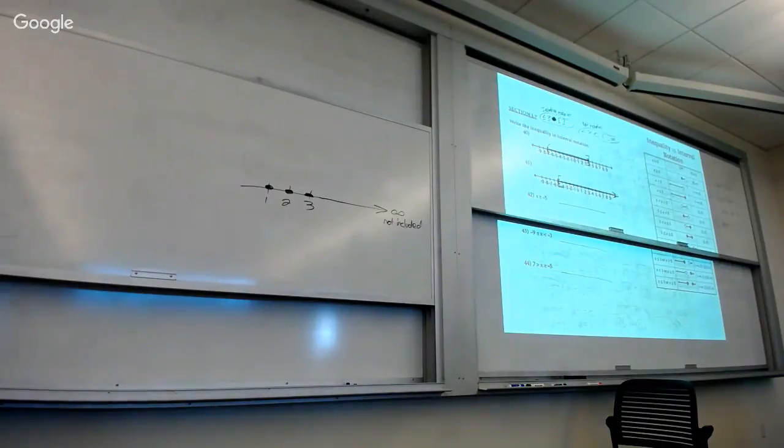So what is the other problem? Since infinity is on one side. Also negative. So that's negative.